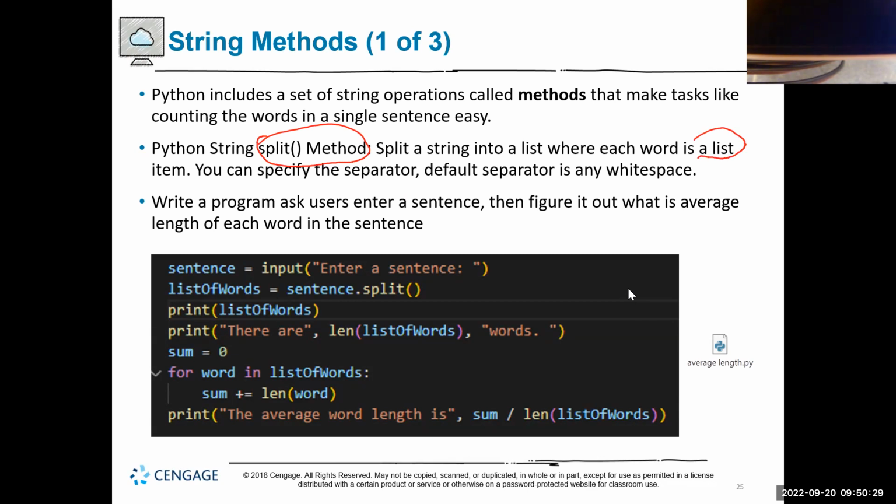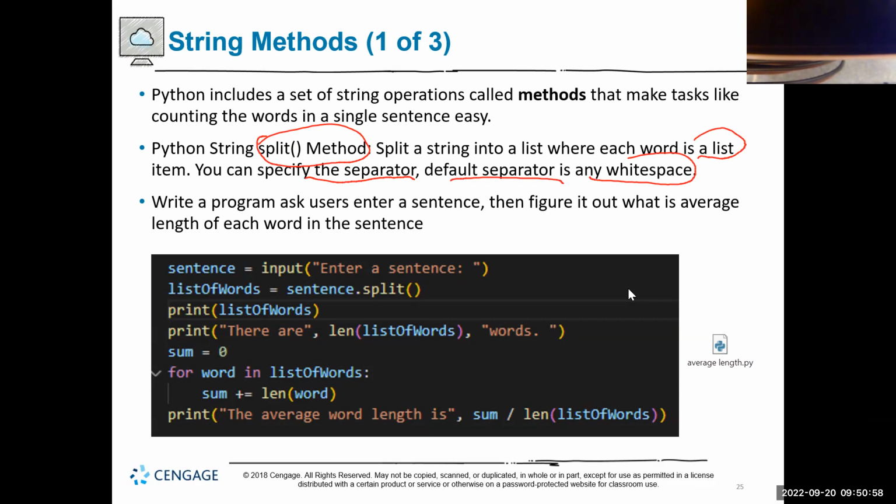But for now, you should know that by using the split function, it will break the whole sentence down into separate words in a list. You can specify the separator, but by default the separator is any white space. So if you have any white space, by default we will break it down into separate words.